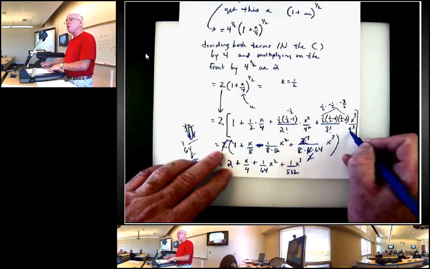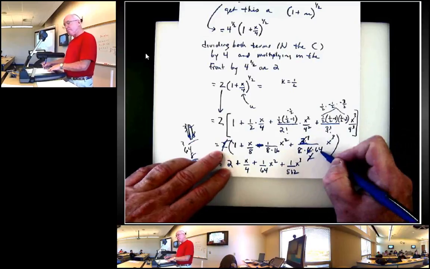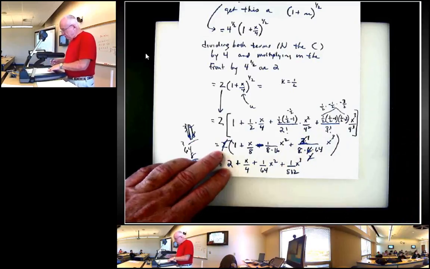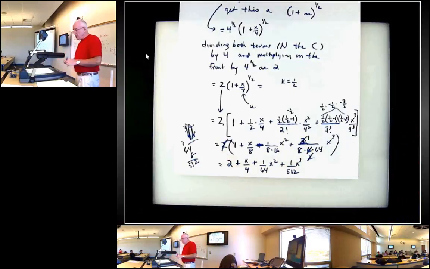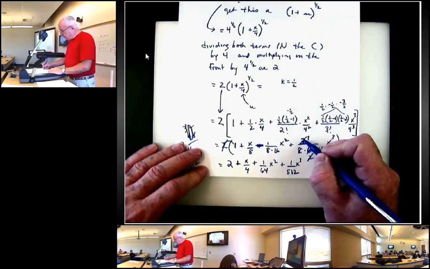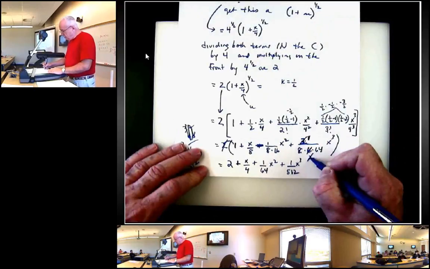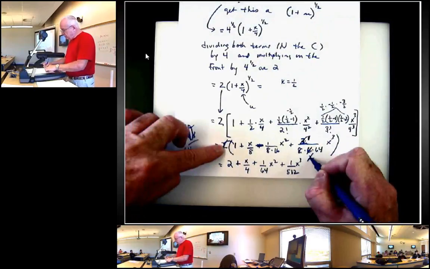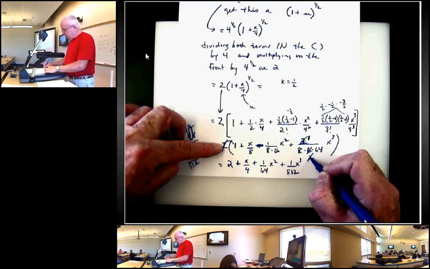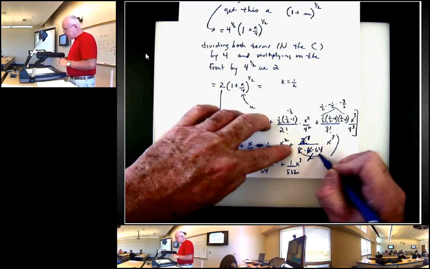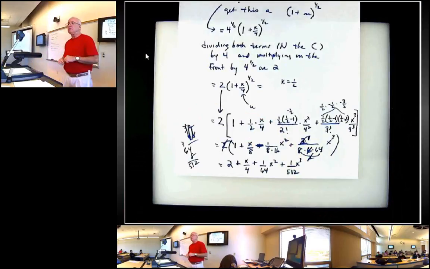And then we had 4 to the third power, which is 64. All right? But we got to multiply in front by 2. So what I did is I divided by 3, and I got a 2 here. I multiplied the 2 here by the 2 there. So they canceled out. So all I'm left with was 8 times 64. I think it's right.